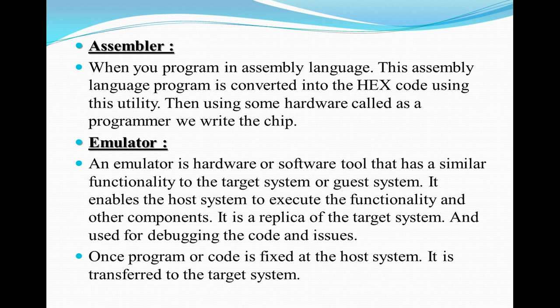Then using some hardware called a programmer, we write the chip. That means the program you have written, converted into hex, is burned into the chip, and this is nothing but the work of the assembler.